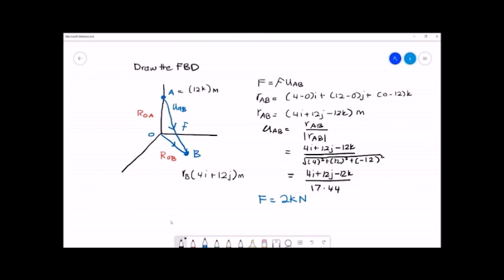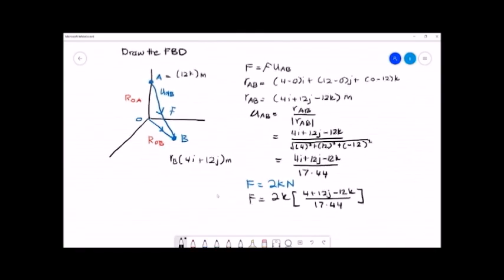So F is equal to 2k times the unit vector 4i plus 12j minus 12k divided by 17.44.